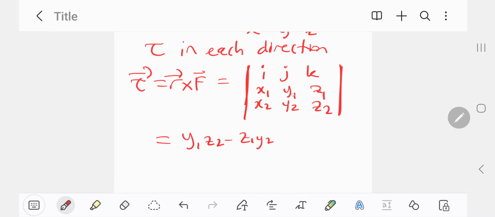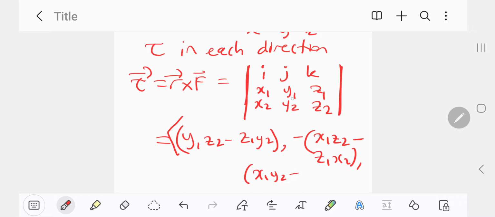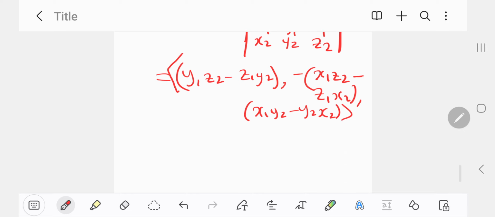So there's this 2 by 2 arrangement here. Brackets, comma. Minus x1, z2 minus z1, x2. Close bracket, comma. Last component, x1, y2 minus y1, x2. Okay, that's your formula, and that's about it.